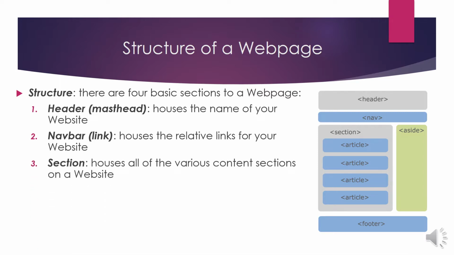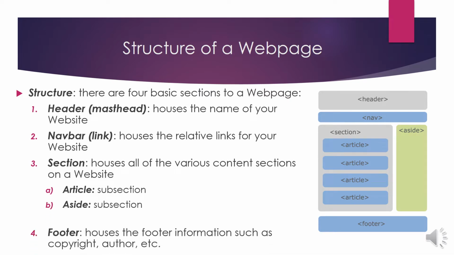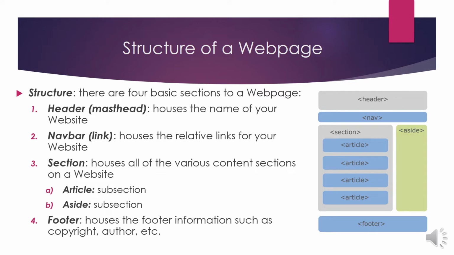Section houses all of the various content sections on a website. Article is a subsection. Aside is a subsection. And then we have our footer, which houses the footer information such as copyright, author, etc.